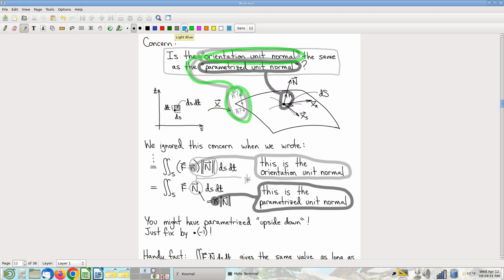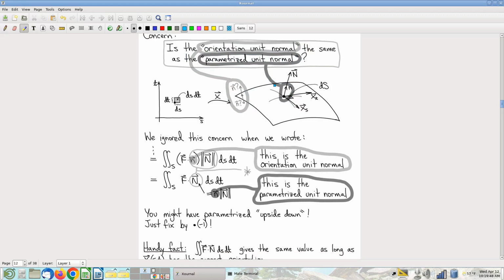The parameterization is something that you make up on your own, right? And so when you talk about the parameterized unit normal, it's a coin flip as to whether that will be the right direction or the wrong direction, right? And this is about where we left it last time.